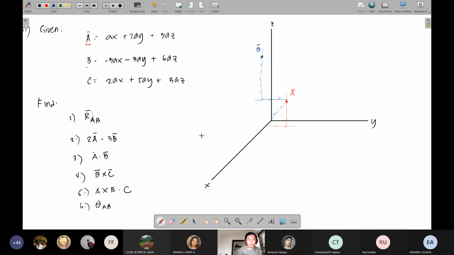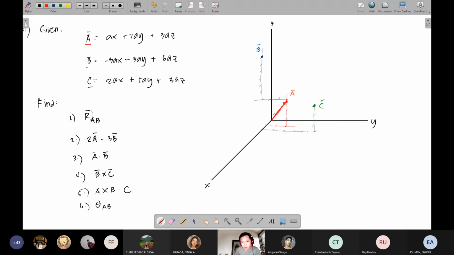Okay. Then vector C, you have 2ax. So the green side, ang vector C, green, no? So 2ax, let's say 1, 2, and then 5ay. 1, 2, 3, 4, 5. Okay. And then 3az. So 1, 2, 3. Okay. So this will be our vector C. Okay. Now, ang pangutana, by the way, this will be our vector A. Okay.